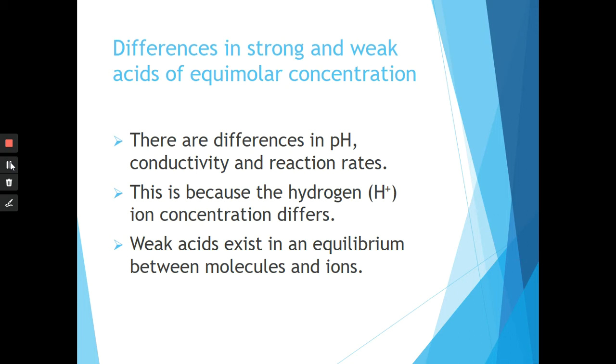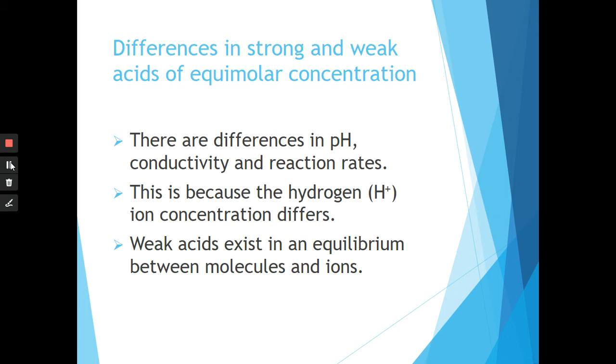So pHs. pH is actually looking at the concentration of hydrogen ions present. So if I have got my strong acid, I'm going to have every hydrochloric acid particle split into ions. So there's going to be lots of hydrogen ions present.